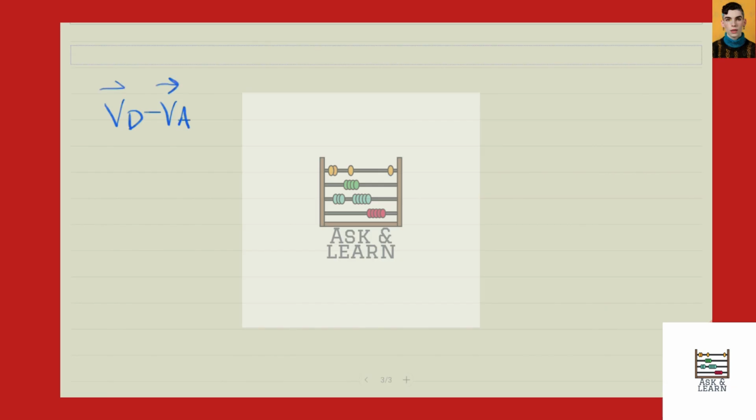This must be quite straightforward. If you do the calculations, this is just 4.8 plus 4.8 i hat minus 3.6 k hat.